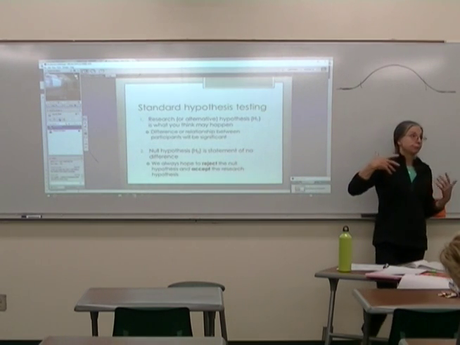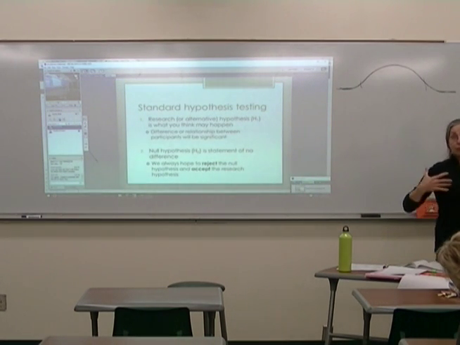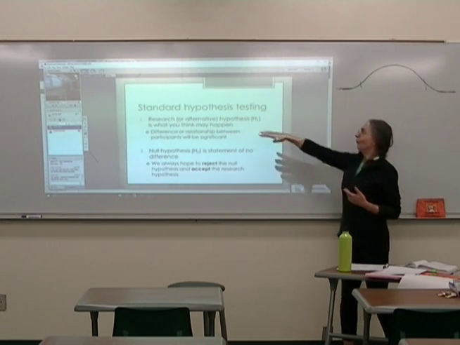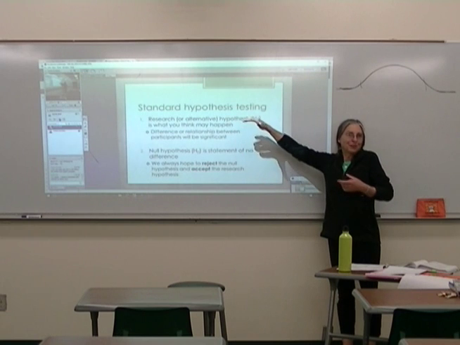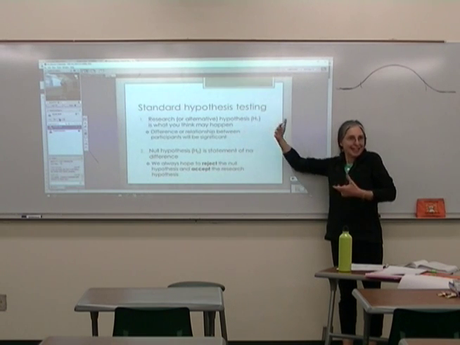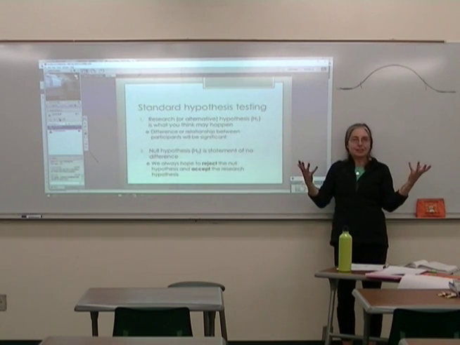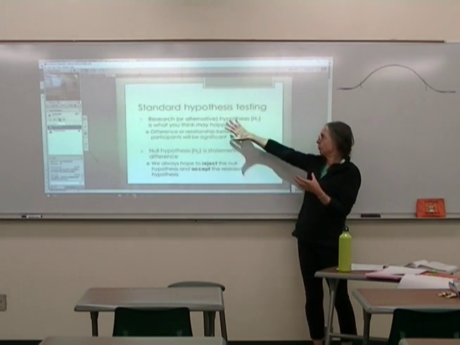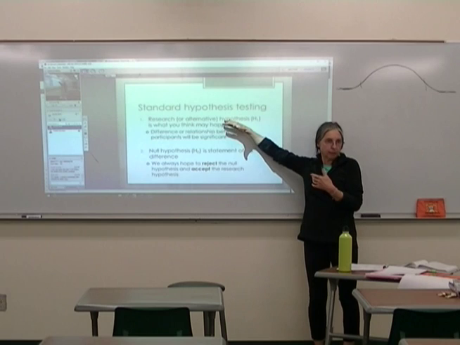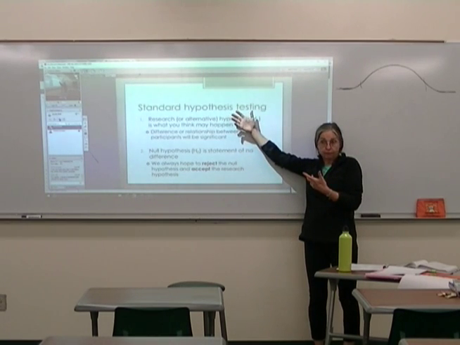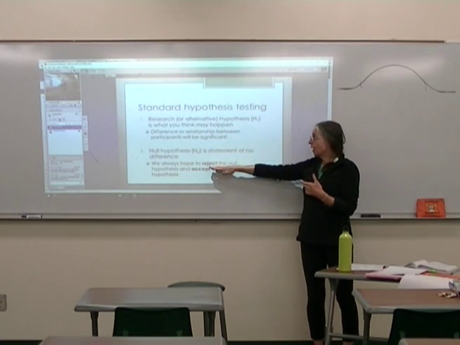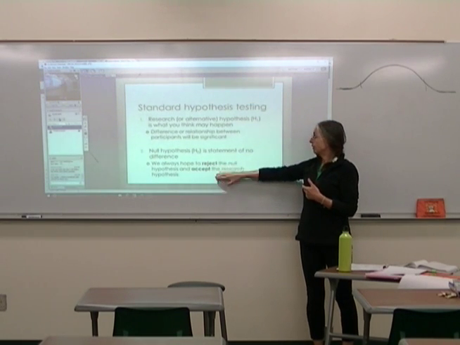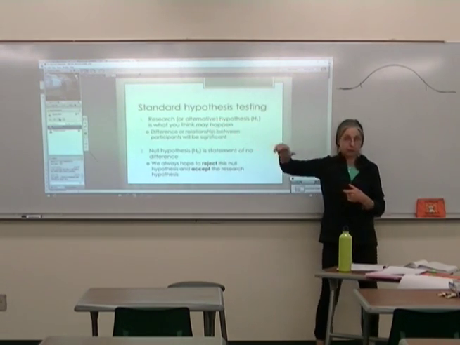Obviously, for most of us, when we're running a study, what we want to happen is what we thought was going to happen, because that's why we ran the study. We had this idea, we thought that perhaps this might make a difference, and so we run the study with that in mind. So we hope to reject the null and accept the research hypothesis.